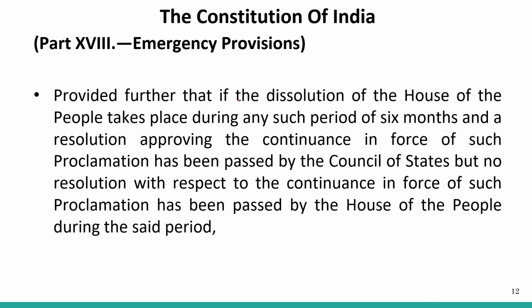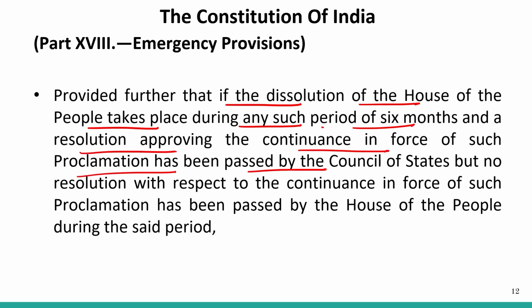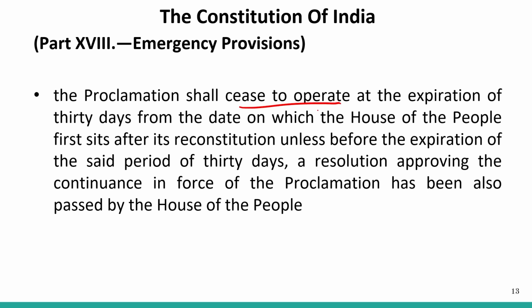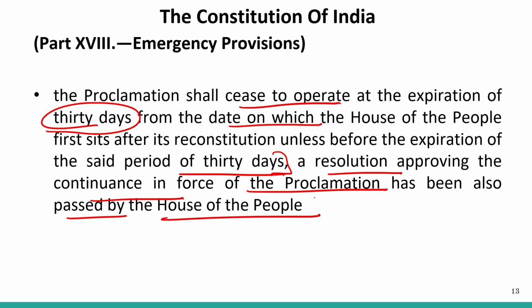Provided further that if the dissolution of the House of the People takes place during any such period of 6 months, and a resolution approving the continuance in force of such proclamation has been passed by the Council of States, but no resolution with respect to the continuation in force of such proclamation has been passed by the House of the People during the said period, the proclamation shall cease to operate at the expiration of 30 days from the date the House of the People first sits, unless, before the expiration of the said period of 30 days, a resolution approving the continuation in force of the proclamation has been passed by the House of the People.